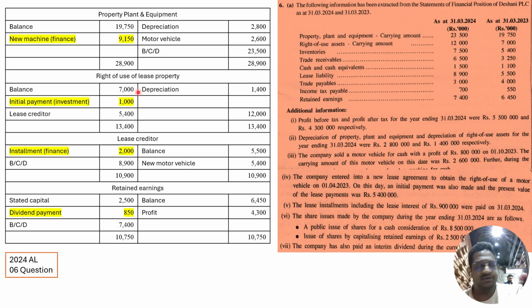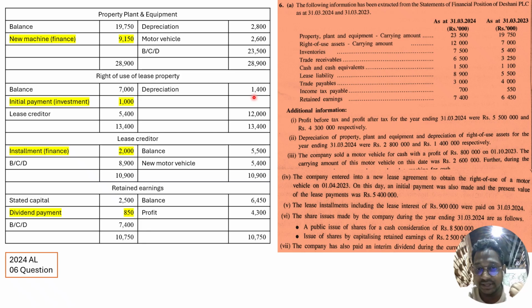And for the right of use of lease property, the carrying amount is given as the opening and closing date. Opening 7,000, and then the closing date balance is 12,000. And the depreciation of that right of use of lease property is 1,400. It should credit to the right of use of lease property.